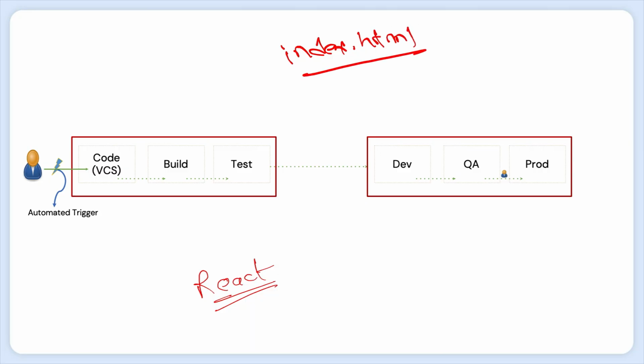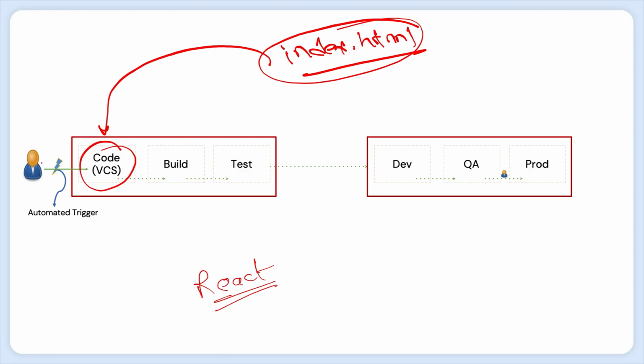When the developer commits this code in the VCS, the version control system, it is just a simple file, index.html, and this file just needs to be copied to our dev environment virtual machine, and that's all. Correct? So these were very simple steps.